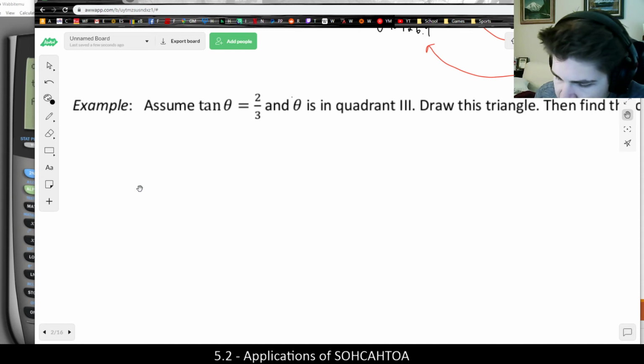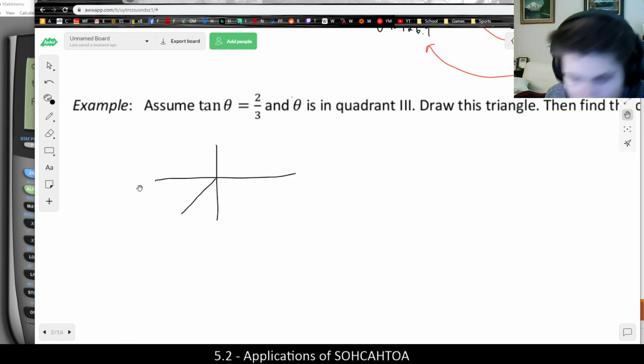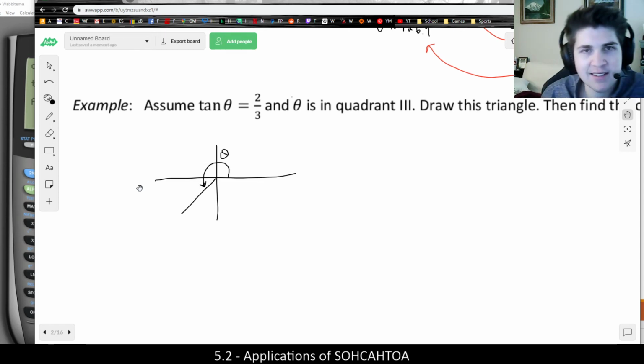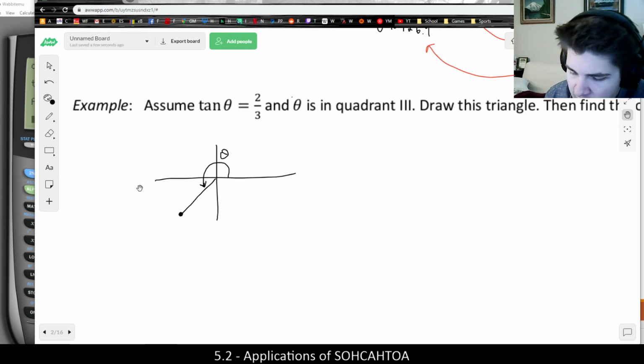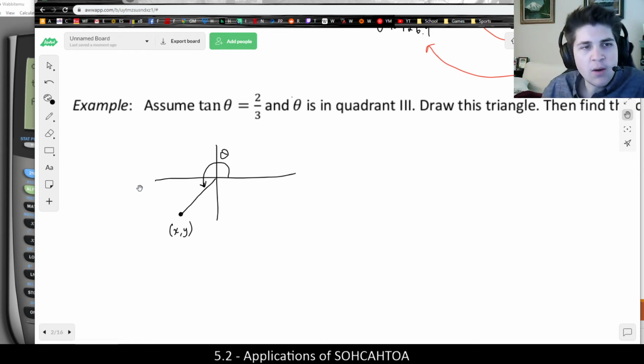So what I know is theta is in quadrant 3. If I'm imagining that, my angle's over here in quadrant 3, and since it's in standard position, it would be stemming from the x-axis. It doesn't actually say it's in standard position in the question, but that's always implied with such a thing. And if I'm trying to figure out this point, it should have an xy coordinate.